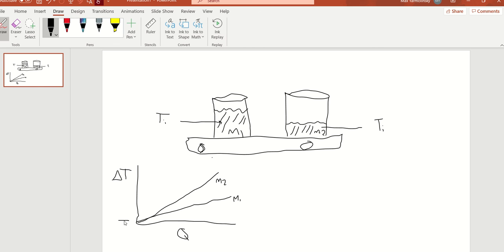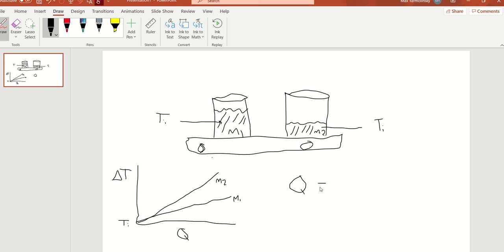Where this is T initial, and this is, say, the final temperature here. So what does that tell you? It says if you have less water here, it will get hotter more quickly because M1 has more water. So this is kind of a way to think about the relationship between heat and change in temperature.